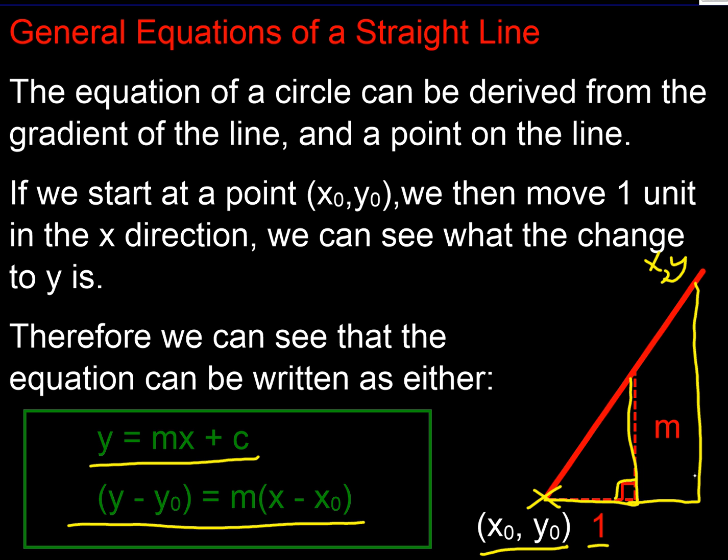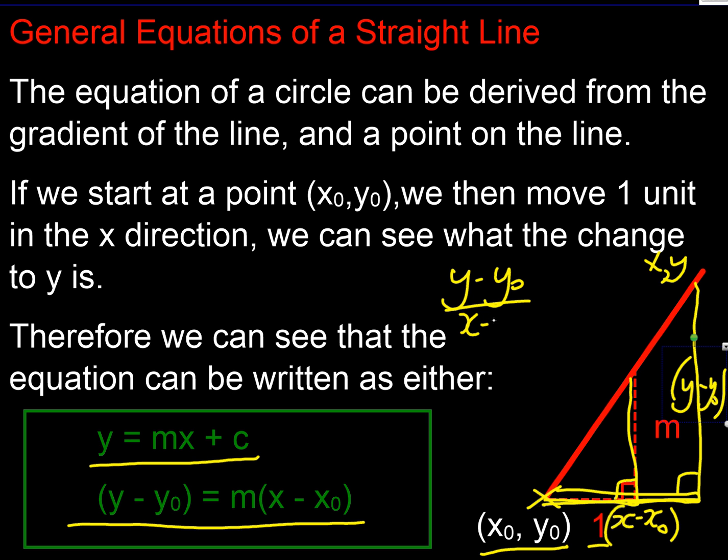For any other point that I go to, x and y, up here, we've got a similar triangle, haven't we? So in this generalized form, the base is going to be x minus x naught, and the height is y minus y naught. Are we okay with that? Therefore, the ratio of these sides, y minus y naught over x minus x naught, must always equal m over 1.